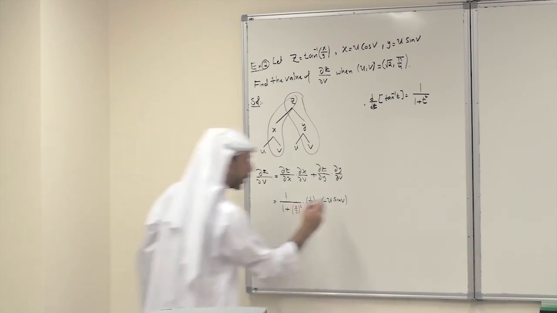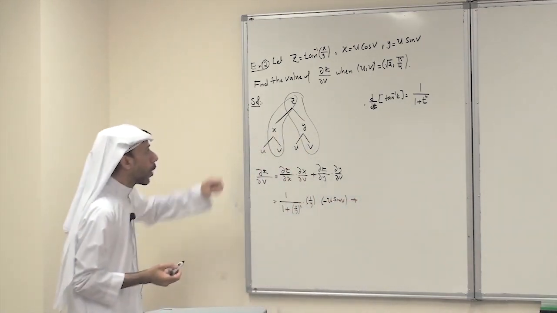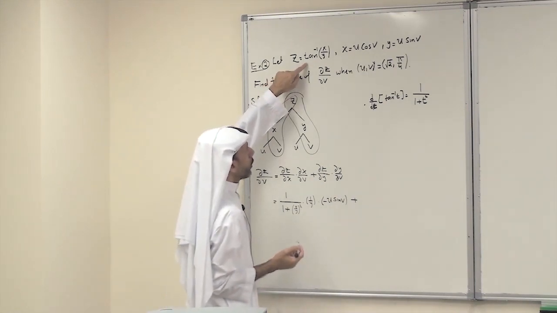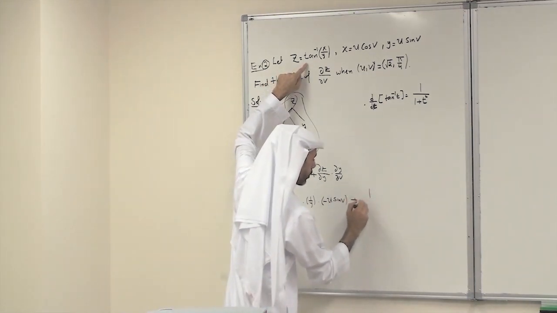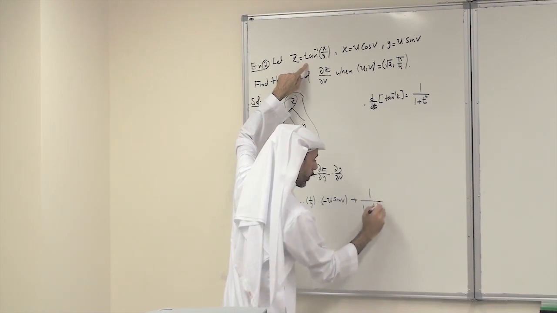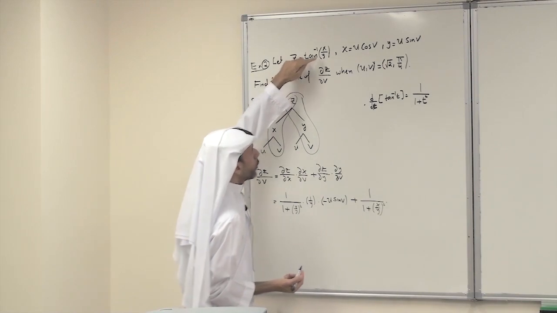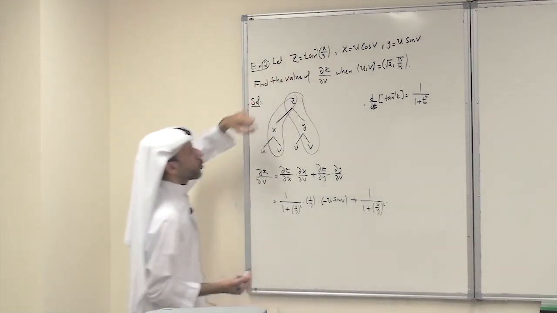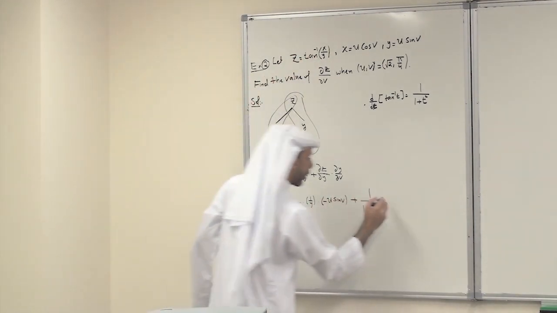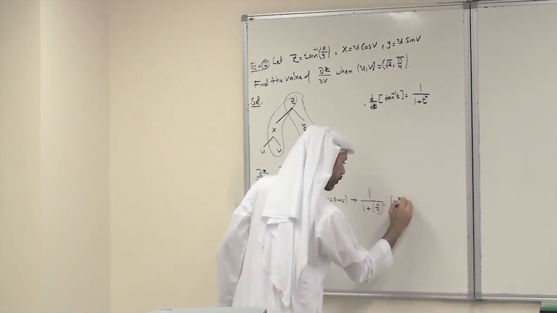This is for the first term. Plus the second term, the derivative of Z with respect to Y. The derivative of tan inverse is 1 over 1 plus X over Y squared, by the chain rule, times the derivative of X over Y with respect to Y, which is minus X over Y squared.